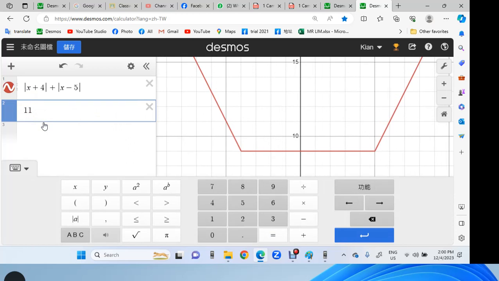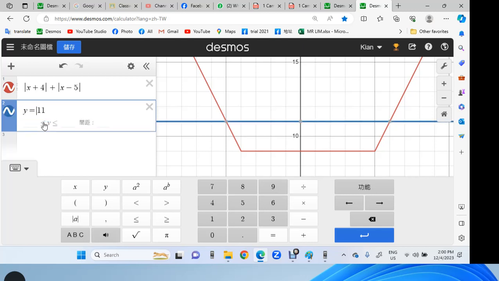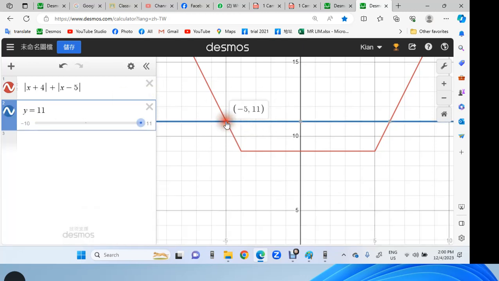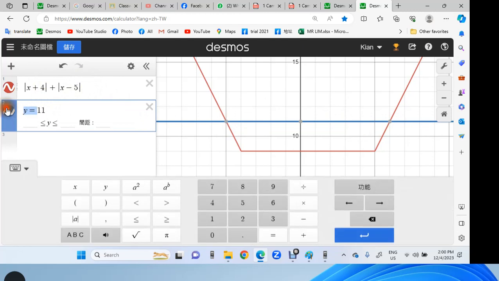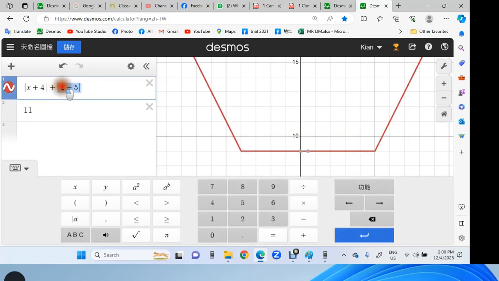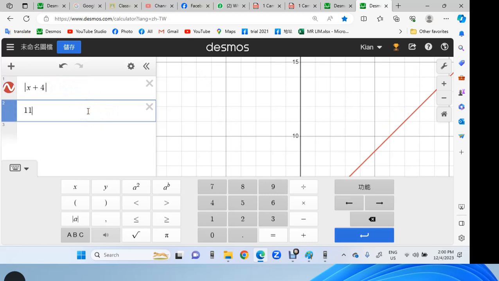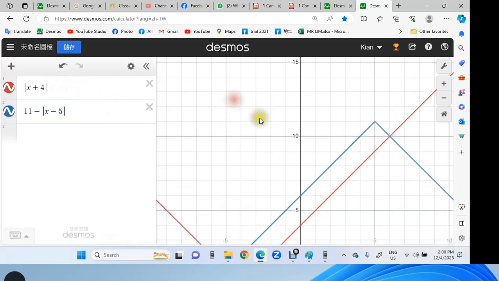So this is y equal to 11. So this is the value -5 and 6. But we can't draw this one. Even me also cannot draw this. But I can draw this: 11 minus modulus this.